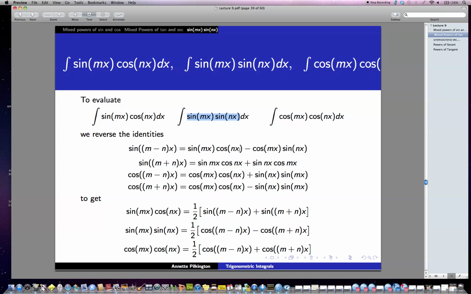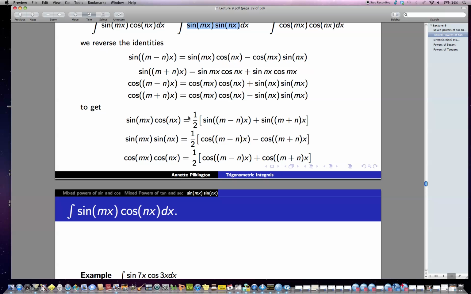So we can reverse these identities to find identities for sine mx times cosine nx as linear combinations of sines and cosines. And of course the things on the right-hand side here are much easier to integrate.